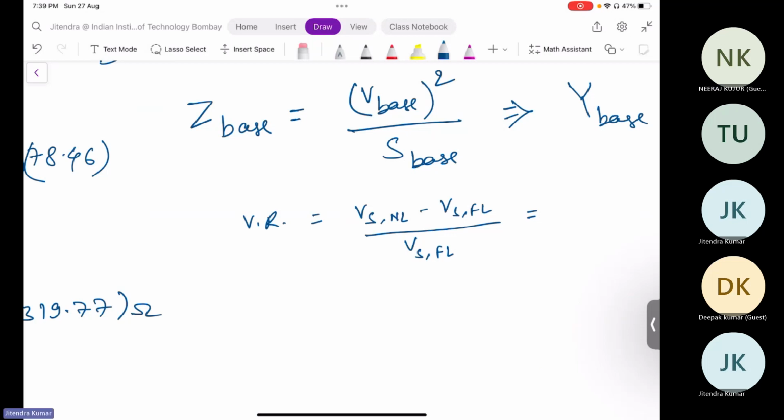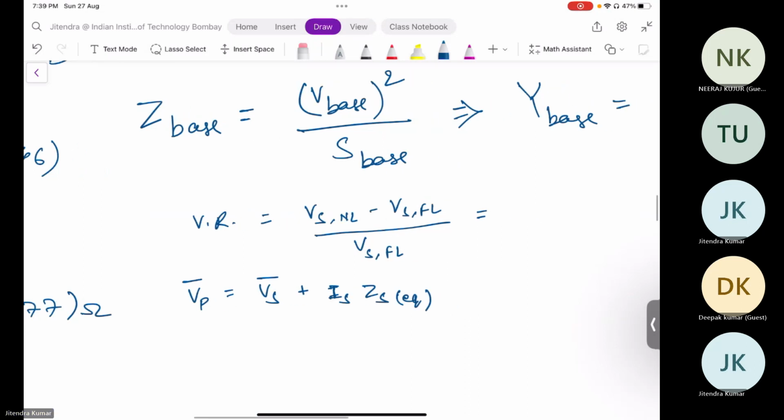V secondary at no load will be V primary, and for that we need to compute the V primary voltage, as earlier. So V primary is equal to V secondary plus I series into Z series equivalent.